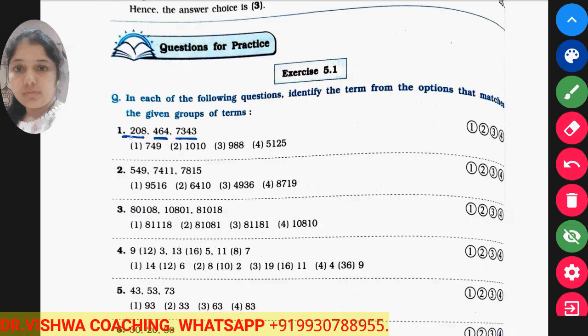If you look carefully, you can see that this is the cube of 2, this is the cube of 4, and this is the cube of 7.